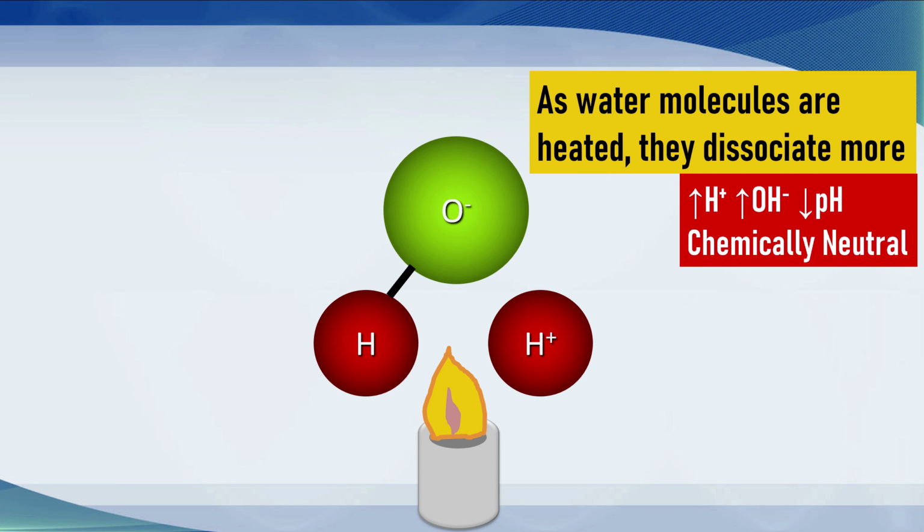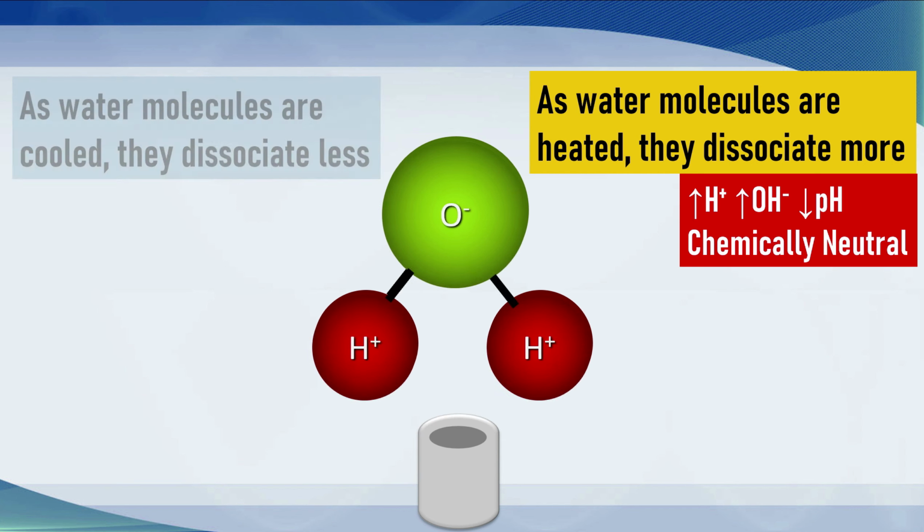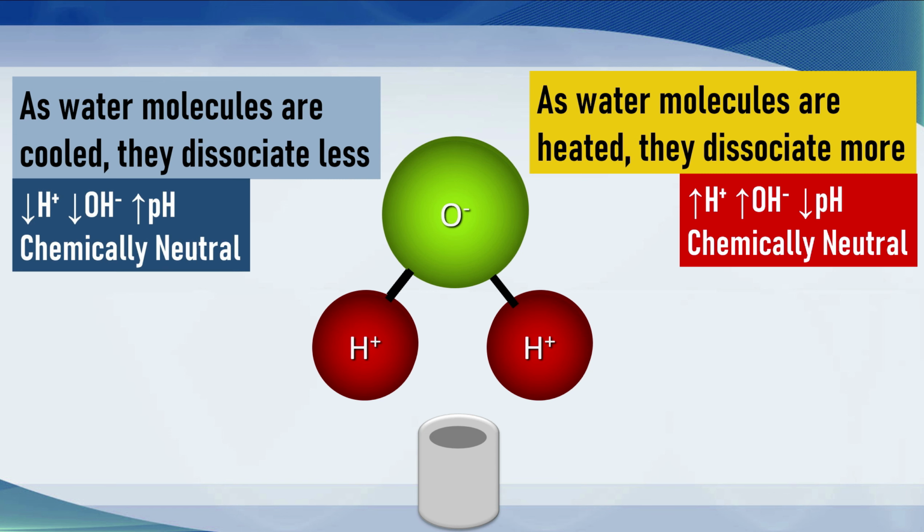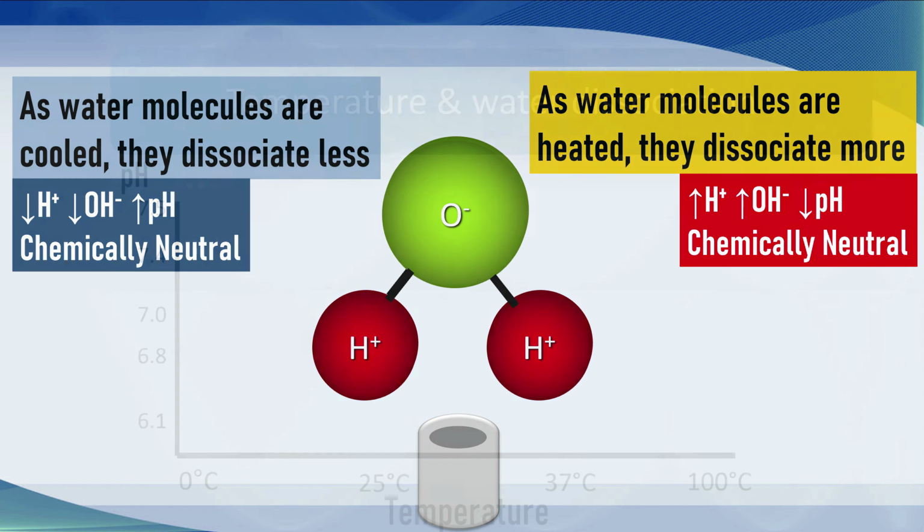But despite the fall in the pH, the solution remains chemically neutral because there's still an equal amount of hydrogen and hydroxyl. Similarly, if you cool water molecules, they dissociate less, so there's less hydrogen and less hydroxyl, and because you only measure hydrogen with a pH meter, the pH goes up, but the solution remains chemically neutral.